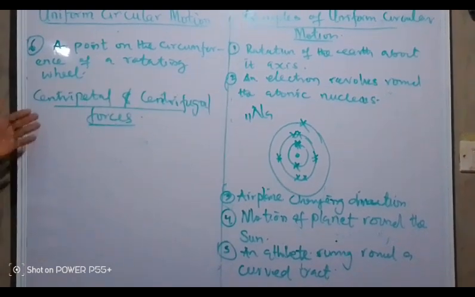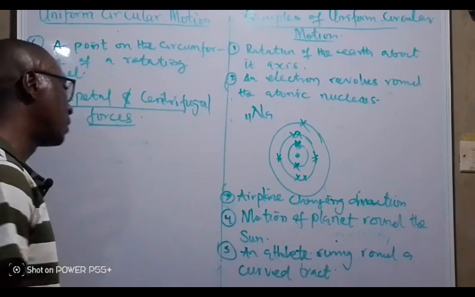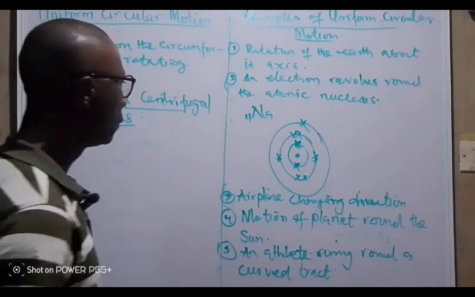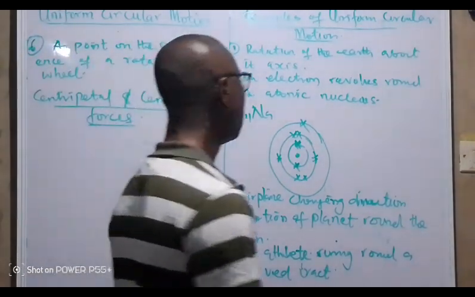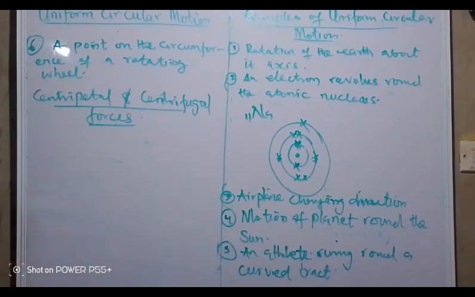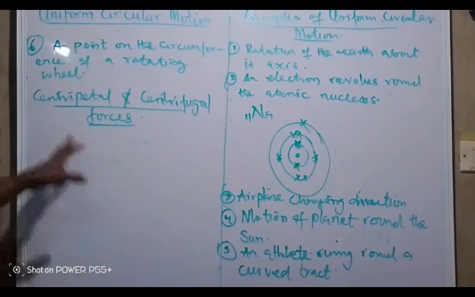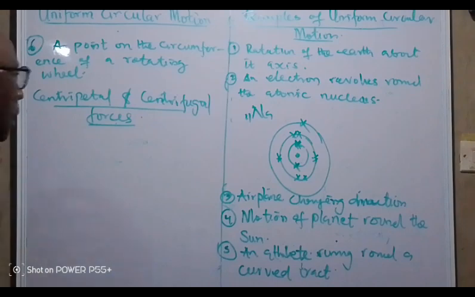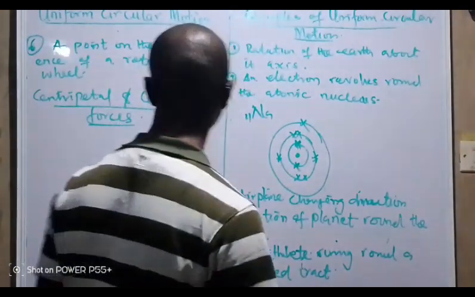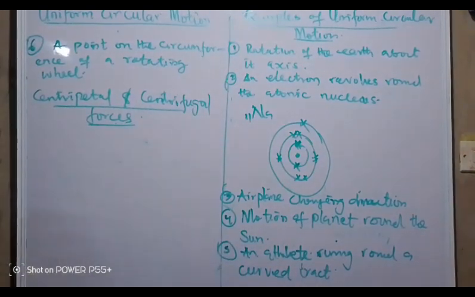Next is centripetal and centrifugal forces. As I said the other time, for a body to move constantly in a circular path, there are 2 forces that must act on it. And when the effect of the 2 forces are balanced, then the body will be able to move with a constant speed. So the first force is centripetal force.